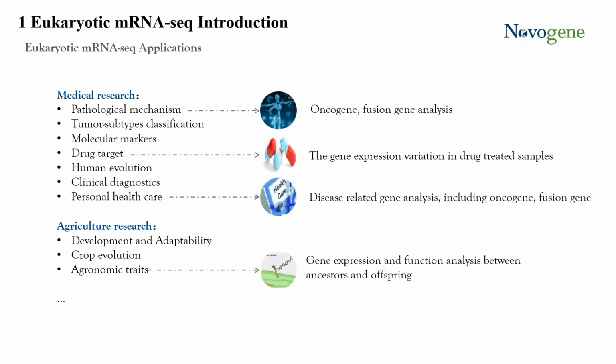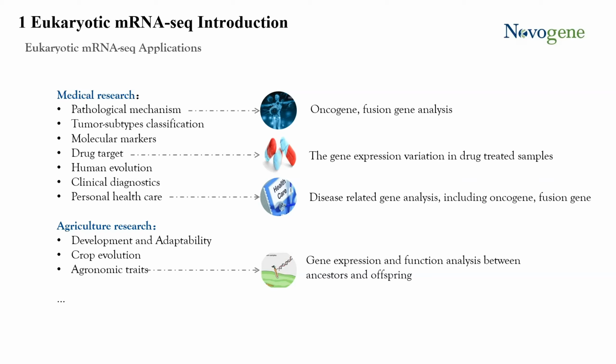So why do we do eukaryotic mRNA-seq? mRNA-seq has a wide range of applications across different research fields, including medical research and agriculture research. In cancer research, many oncogene properties are related with gene fusion. To understand the prevalence and the structure of the gene fusion associated with different cancer diseases, mRNA-seq is one of the best tools.